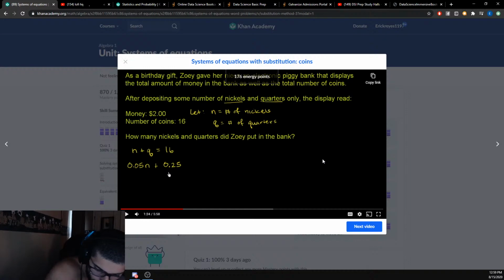So the new equation is going to be 0.05 times 16 minus y plus 0.25y equals 2.